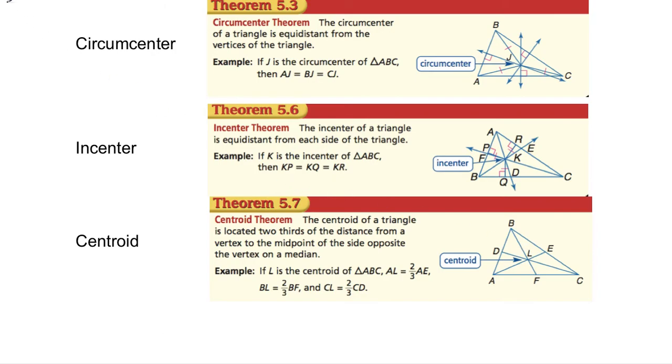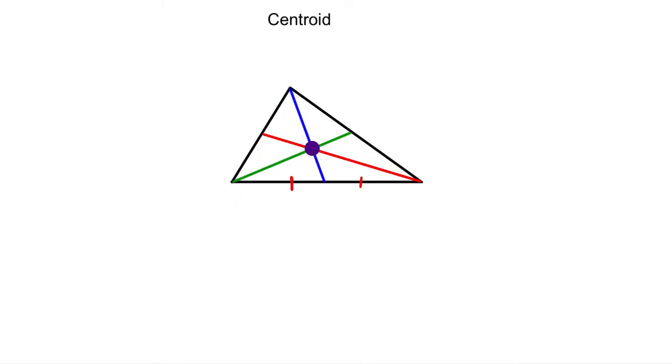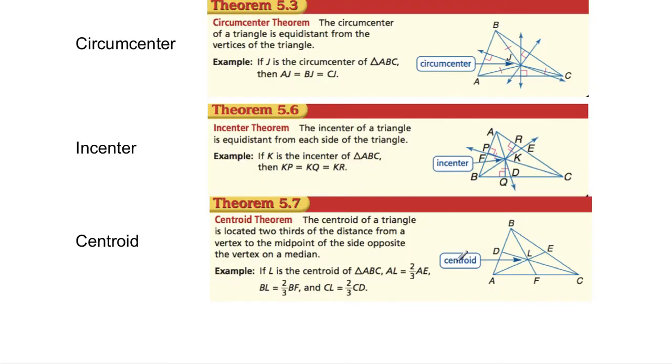So don't forget that a centroid here is the intersection of 3 different medians. Each median is going to be cut into a ratio of 1 to 2, so 1/3 and 2/3.